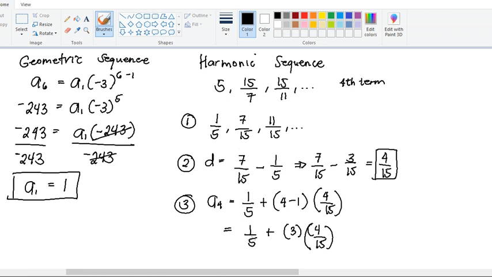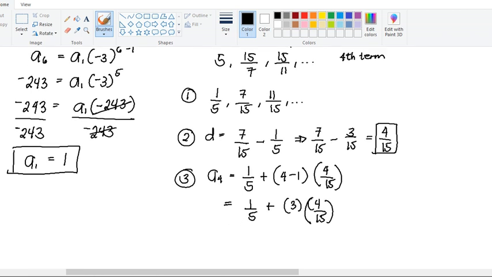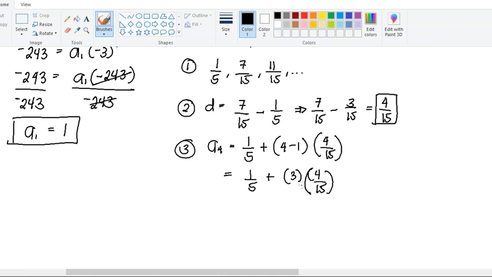And then next, we can actually divide out this 3 and this 15. So we'll get here 1, and then this is 5. So therefore, what is left? We have here 1 over 5 plus 4 over 5.